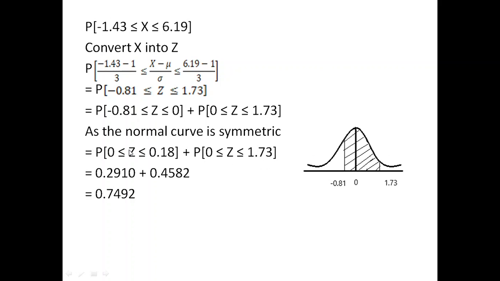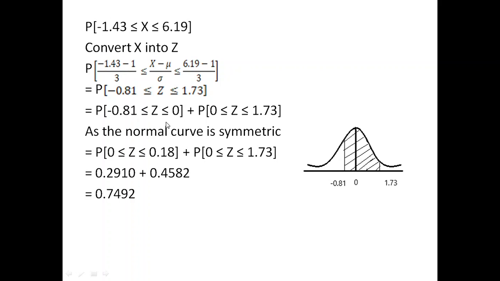Here first of all we have to change this minus into plus sign, because I have told you before that this normal curve is symmetric around its mean. So area to the left and area to the right of this mean is identical, is symmetrical. So if you write minus or plus, this is the same.